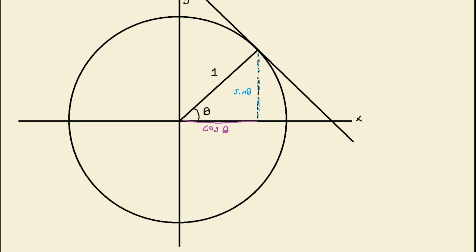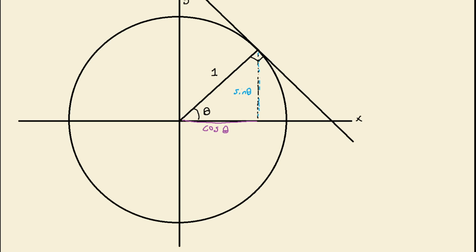Well, it might not be immediately obvious on this triangle, but what I did here is I drew a line that's tangent to the circle, meaning it intersects only at one point, and that one point is the same place in which the radius of the circle intersects. Since it's a tangent line, we know that the tangent line and the radius are going to be intersecting at a right angle.